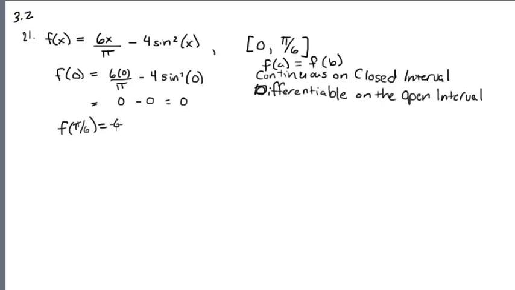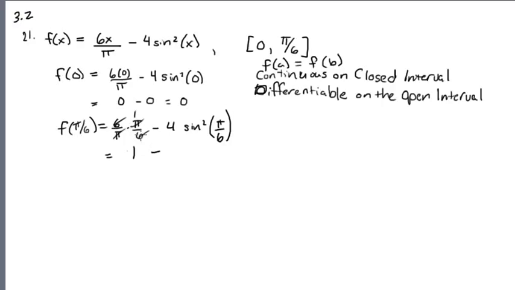So this is going to be 6 over pi times pi over 6 minus 4 times the quantity of sine squared of pi over 6. If you remember your reference angles, and hopefully you do, pi cancels out with pi, 6 cancels out with 6, I'm left with only 1.